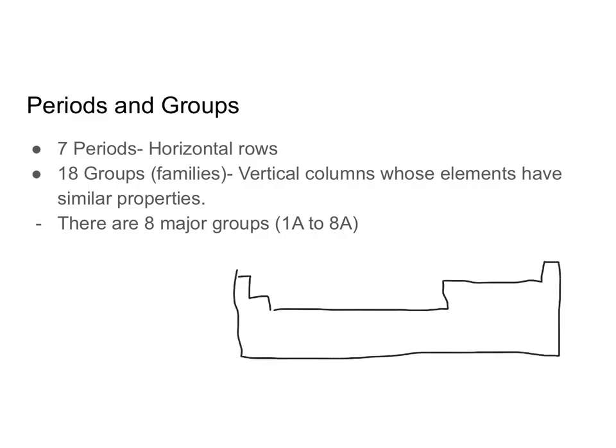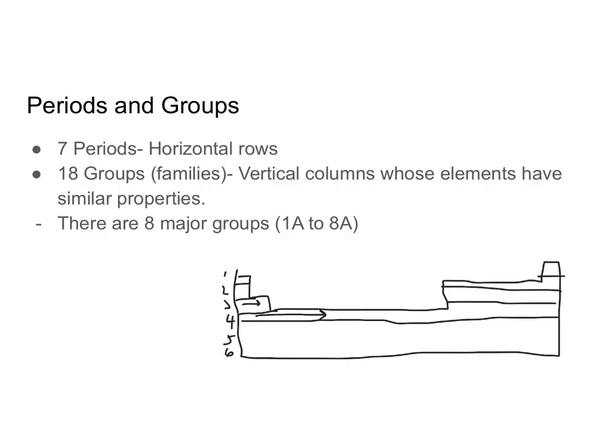So our periods are going to be our horizontal rows that go along this periodic table. There are no curved dips in our periodic table. These are our periods. They go across the periodic table. And so I have period 1, period 2, period 3, period 4, period 5, period 6, and you're going to be labeling these in the next slide. I'll show you a picture of how that works.